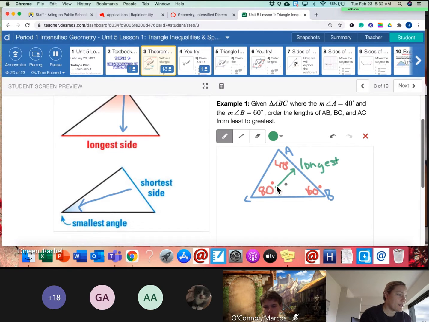And then 60 is the middle angle, so opposite, side AC is going to be my middle. Angle A is the smallest angle, so opposite the smallest angle is always the shortest side.